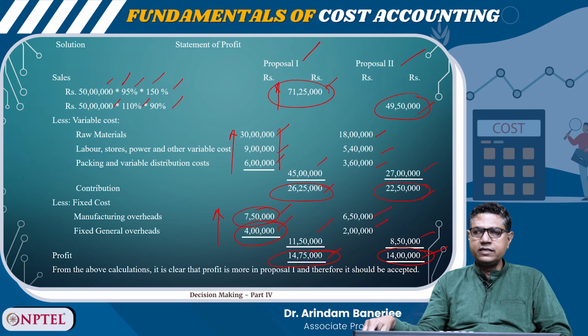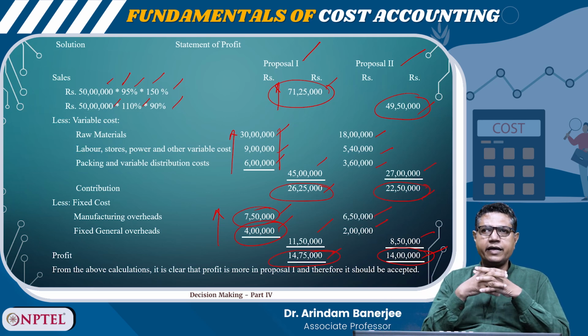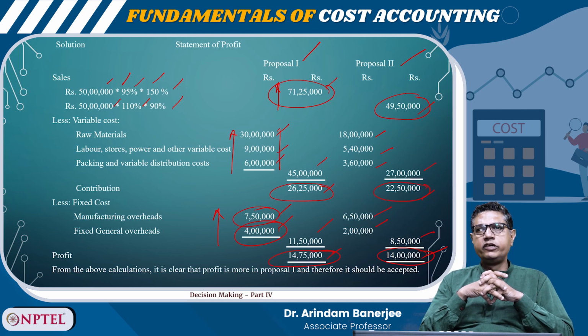But in practice, when these decisions are taken, there are several qualitative factors which also need to be taken into account, right. For example, in the first case, a question which may come to mind is whether this demand will sustain in the longer run.